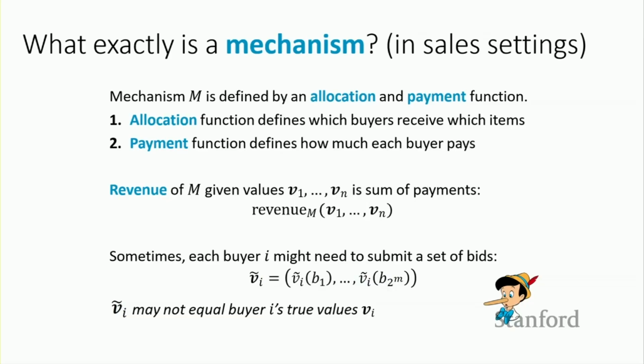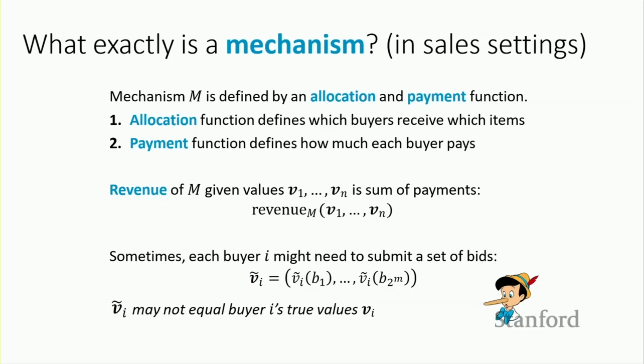And as mentioned, given this setup, you can always measure the revenue, which is generally thought of as the sum of payments across all the buyers that participated in this mechanism. You might think about this as the target of what you want to maximize, or you could have other things, as we alluded to briefly, that you want to maximize.